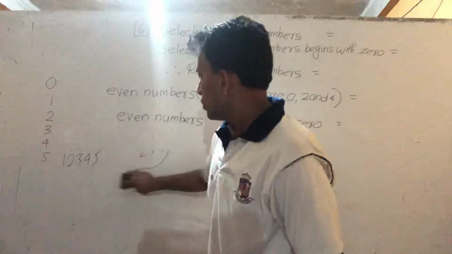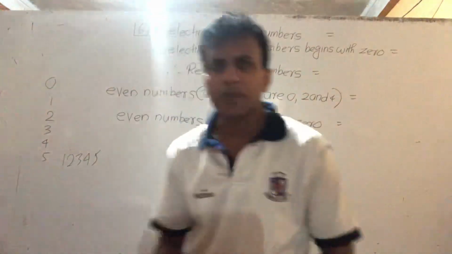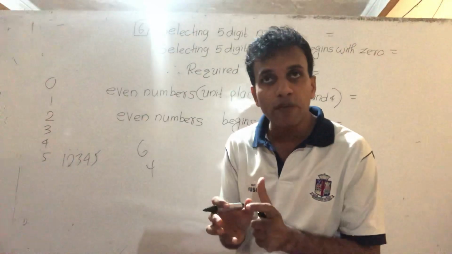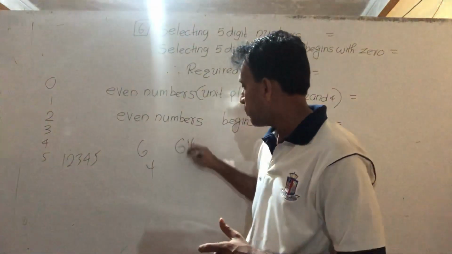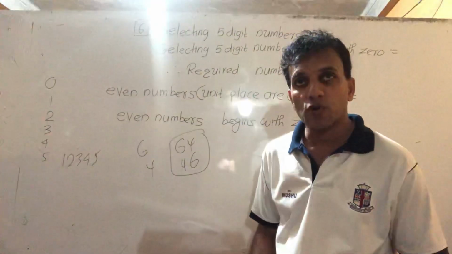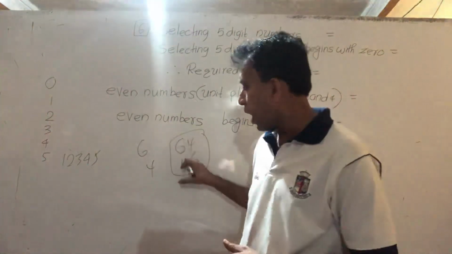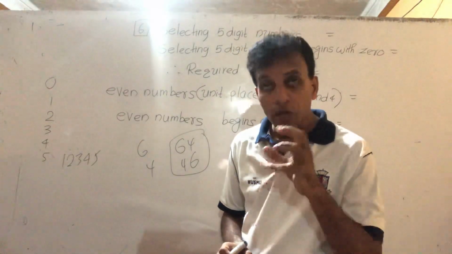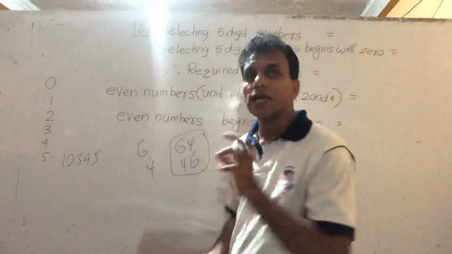Okay. Think of a simple example, 6 and 4. Using 6 and 4 you can make 64 and 46. Two answers, using 6 and 4 only. In permutation, there are 2 answers.